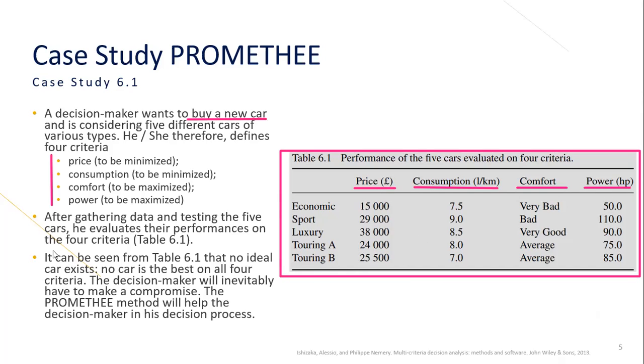And then one particular thing you need to ensure is that if you already have an action, or alternative, which is here, we have 1, 2, 3, 4, 5 alternatives: economic, sport, luxury car, and touring, with each one's data related to their criteria.